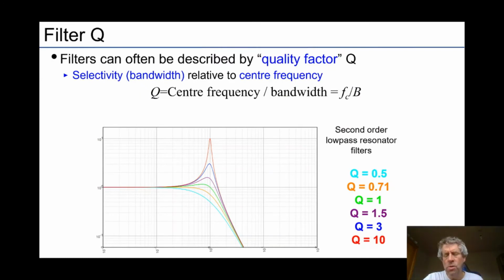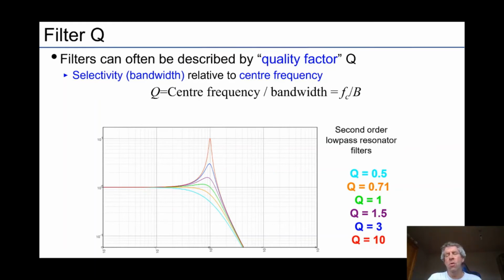When we talked about a few filter parameters that were shown, we showed the bandwidth as well as the center frequency and a gain. Well, we often talk about Q, or quality factor, instead.